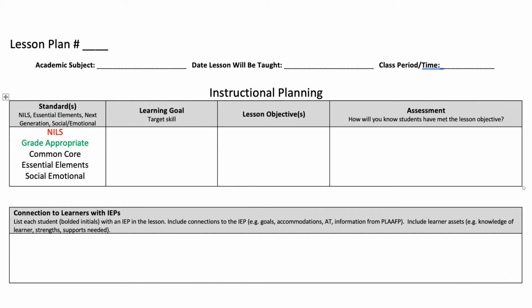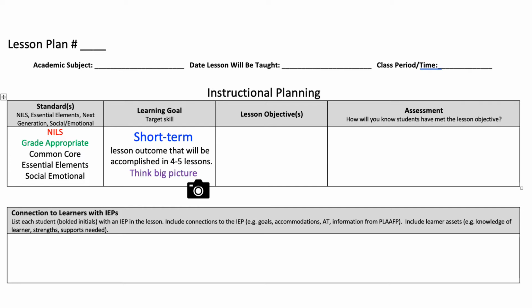All other learners will connect to the English Language Arts, Math, Science, or Social Studies standards. Additionally, if you are teaching any learners that have behavioral needs per their IEP, you will also make a connection to the social emotional learning standards that you will be addressing in your lesson objective. As a reminder, you can access all standards on the ISBE website as well as on our ReggieNet site.